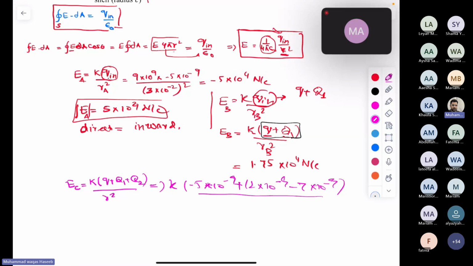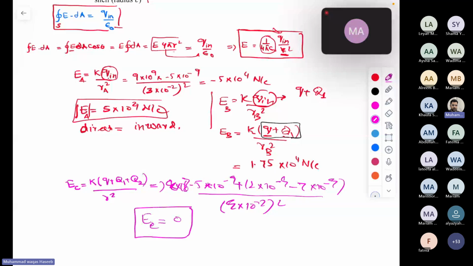RC is 9 times 10 raised to power -2, squared, and K is nothing but 9 times 10 raised to power 9. So if you add these values, it will give you EC is 0. So your electric field is 0 at point C. It will cancel out.